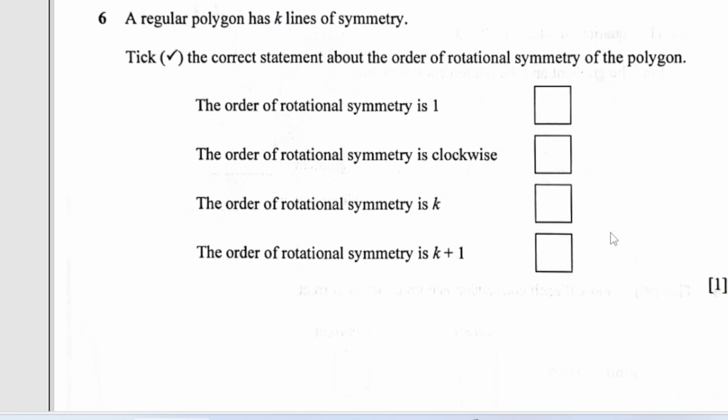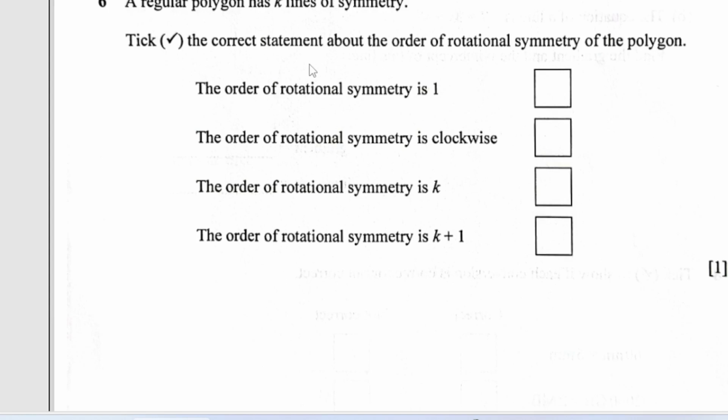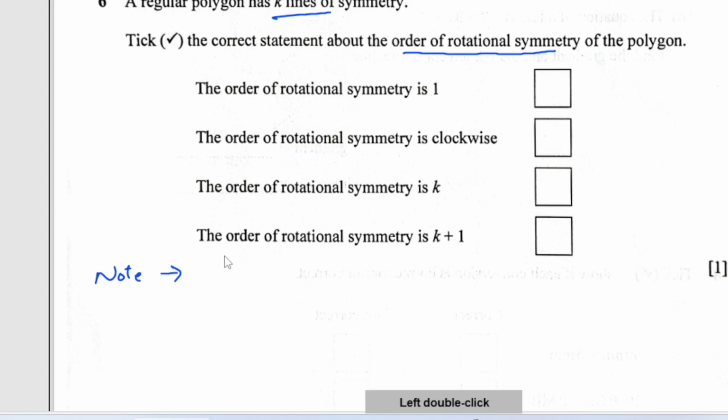Now number 6, a regular polygon has k lines of symmetry. Tick the correct statement about the order of rotational symmetry of the polygon. Now you need to remember, let me write it down here as a note, so it will be helpful for your further questions also.